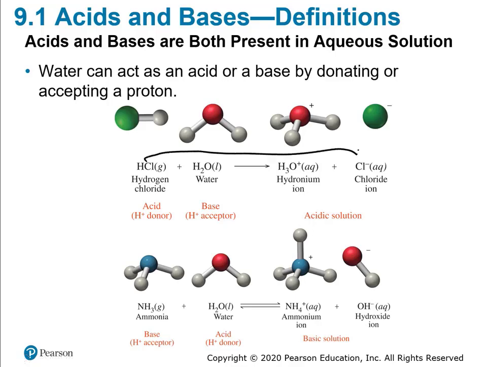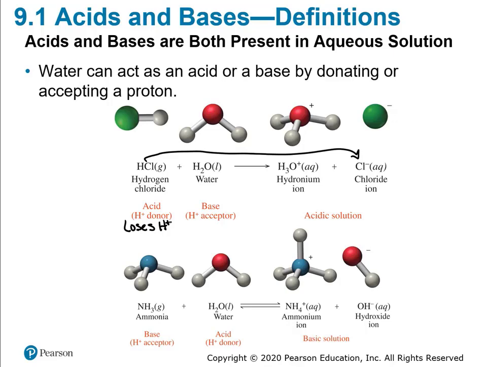Do you see that HCl loses its hydrogen? So that is why they say it's a hydrogen donor. I always think it loses it. So the acid on the reactant side loses the hydrogen on the product side.